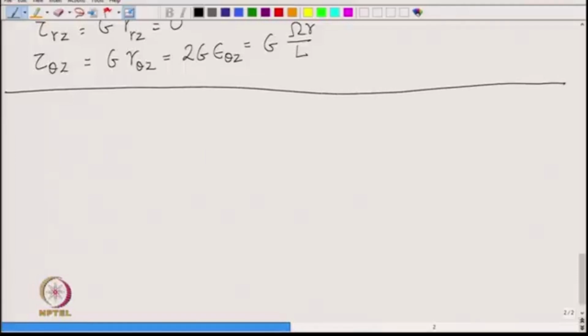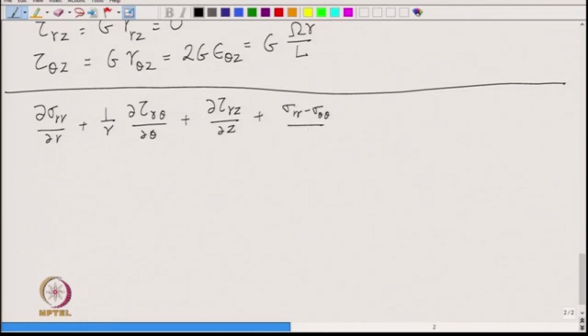Let us write down the stress equilibrium equation which we have derived. It is del sigma r r over del r plus 1 over r del tau r theta over del theta plus del tau r z over del z plus sigma r r minus sigma theta theta over r plus the body force B r, equal to rho times acceleration.